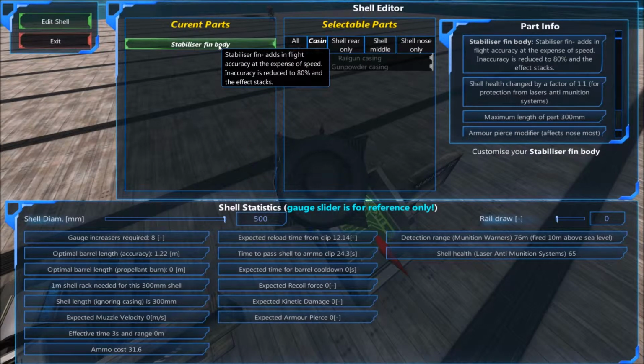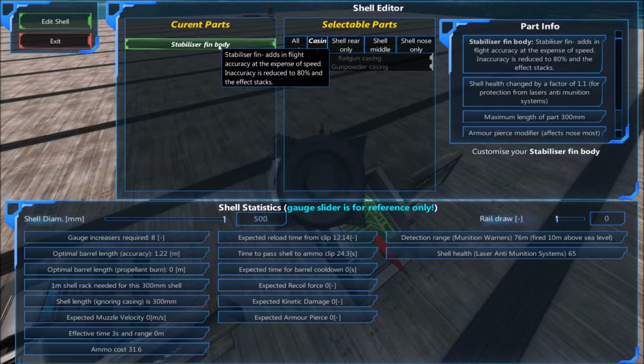And that does come at a slight cost, and that is speed. It reduces the muzzle velocity of your shell slightly. I don't know how much it reduces your muzzle velocity by, but it reduces the speed of your shell a tiny bit, which is a bad thing.